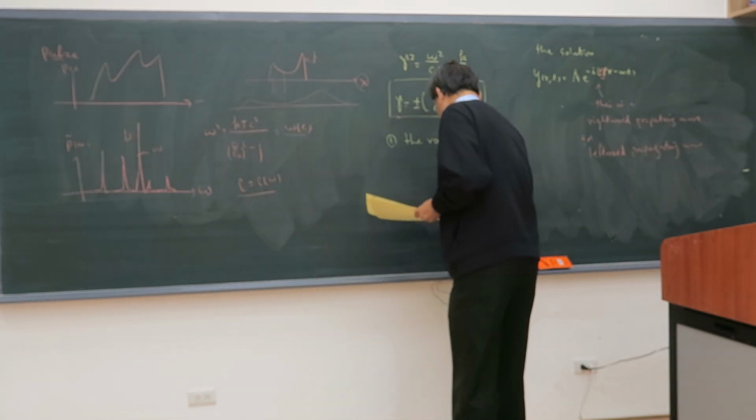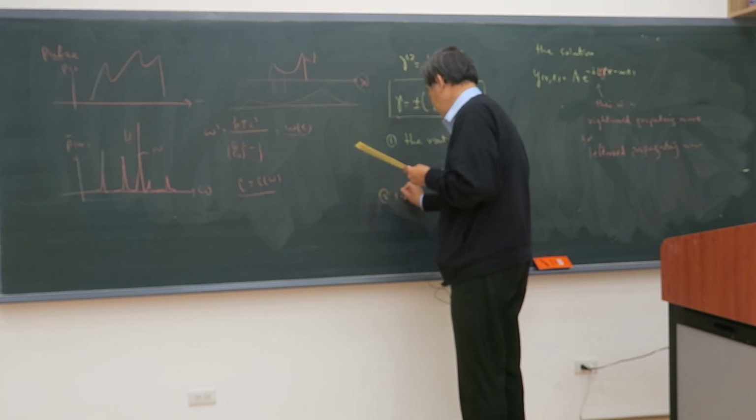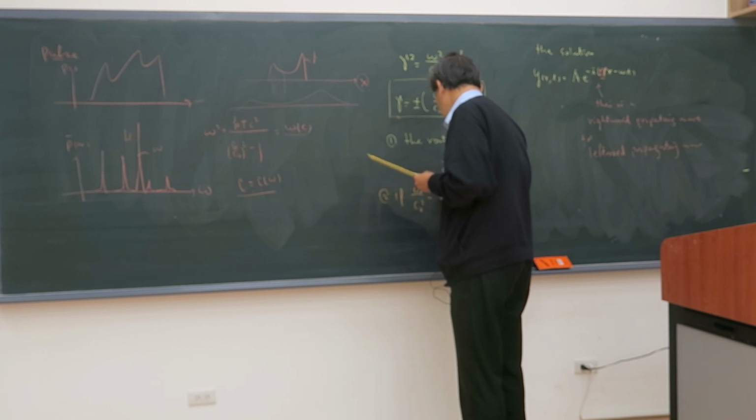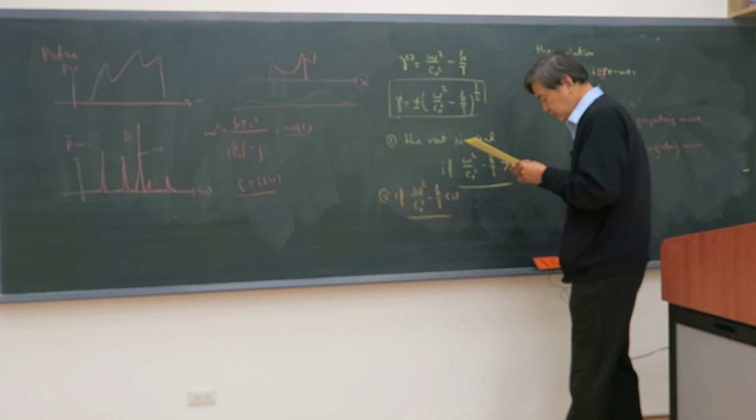Second, if ω²/c0² − K/T is less than 0, then we have imaginary roots.